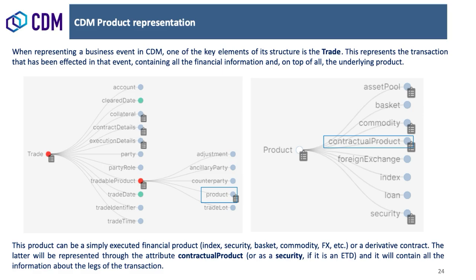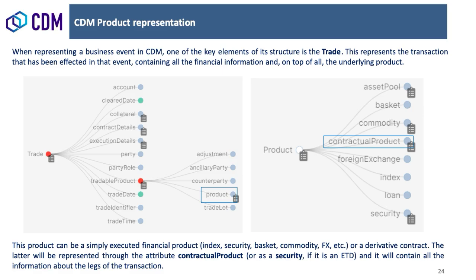Derivatives are represented using contractual product, which is the idea of having an OTC product with a reference to the actual documentation. But as you can see, there are other products like securities, loans, indices, commodities, baskets, asset pools. So there are a set of underlying products also defined as part of the CDM product.